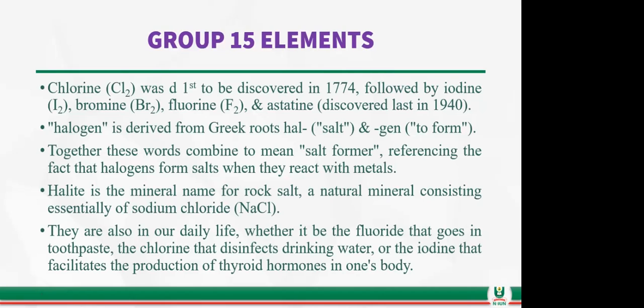NAFDAC has regulated that all salt used for cooking must be doped with iodine, so that as people use salt for cooking, they are indirectly consuming iodine, and that has removed a lot of the problem of goiter in this 21st century.